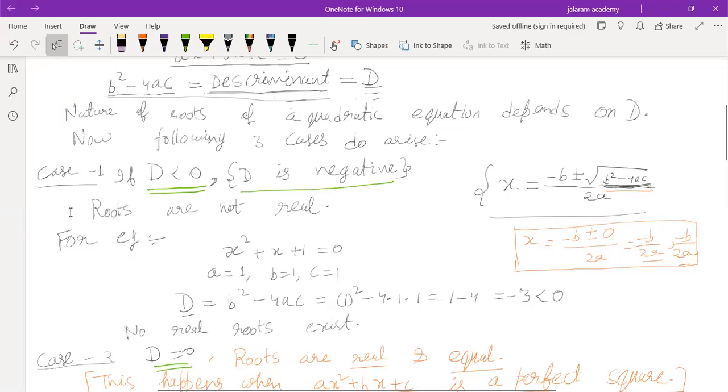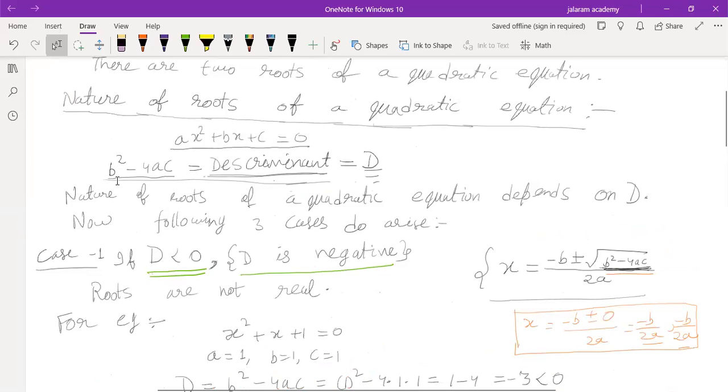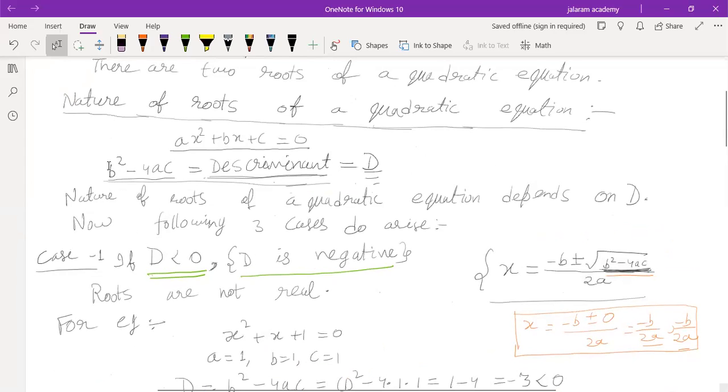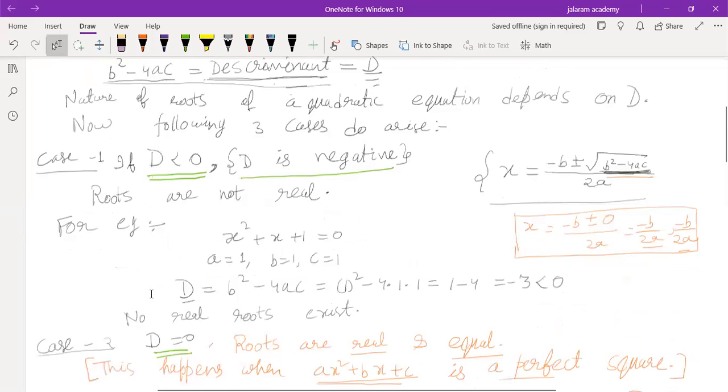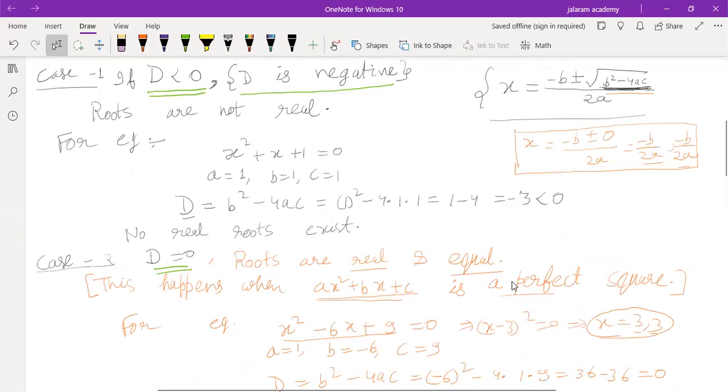Okay. Now the nature of roots of a quadratic equation depends on the discriminant. If the discriminant is less than 0, that is, the discriminant is negative, roots are not real, which we have discussed in the previous session. If the discriminant equals 0, then roots are real and equal.